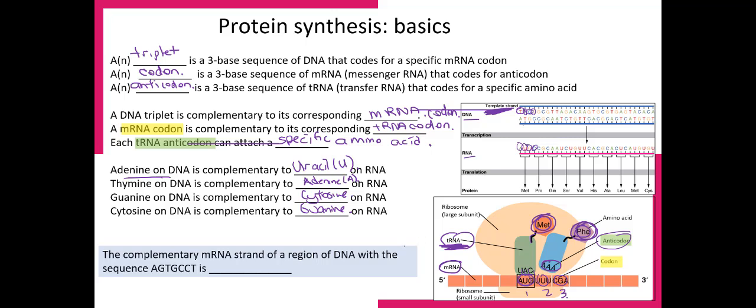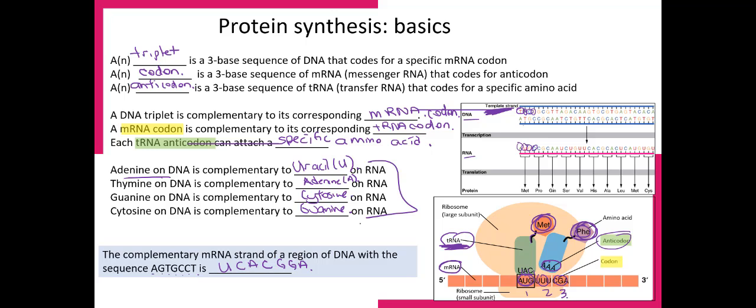So when we look at the strand of DNA with the sequence AGTGCCT, the complementary strand of RNA is UCACGGA, right? Following the rules outlined over there.